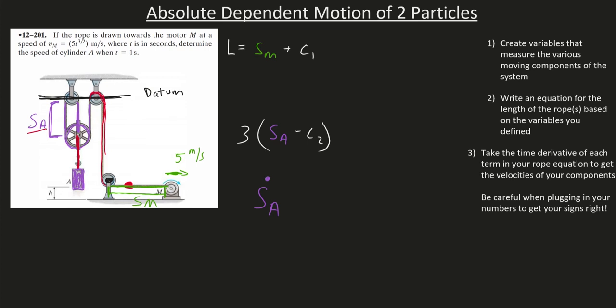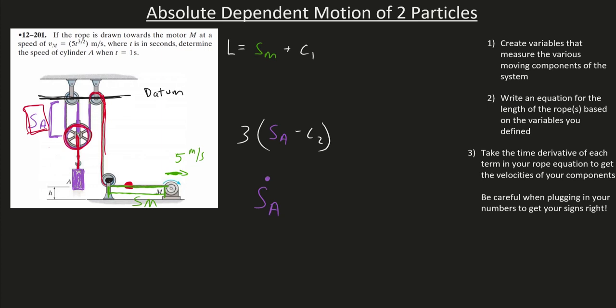That's okay, because I'm only really concerned about velocity. And in later problems you'll see that we care about acceleration too. So since the velocity and acceleration of these two things are the same, I'm totally fine just making my SA variable measure out to this pulley here, just so I can save time and not have to go through writing out that constant between them.